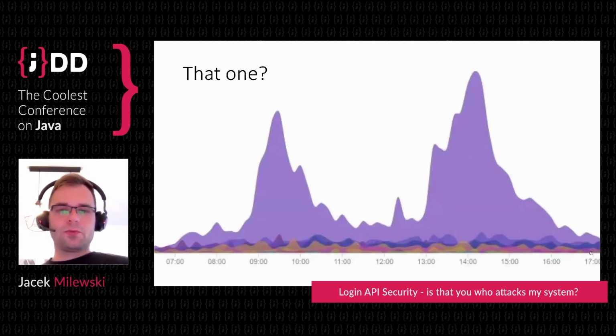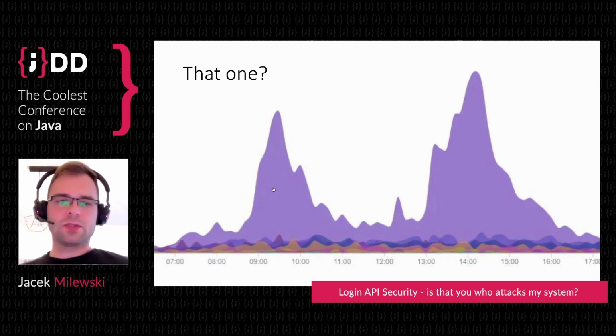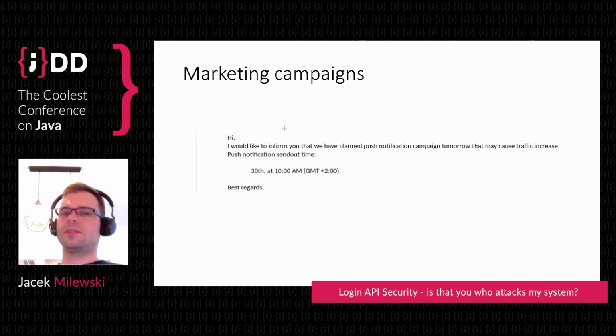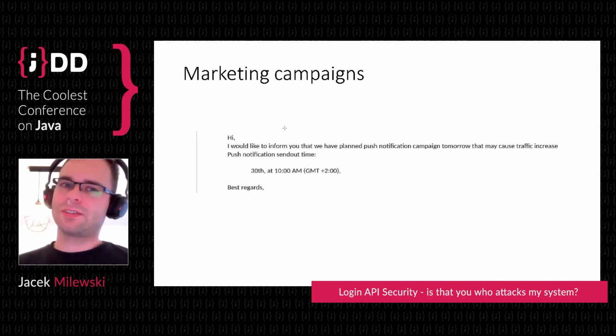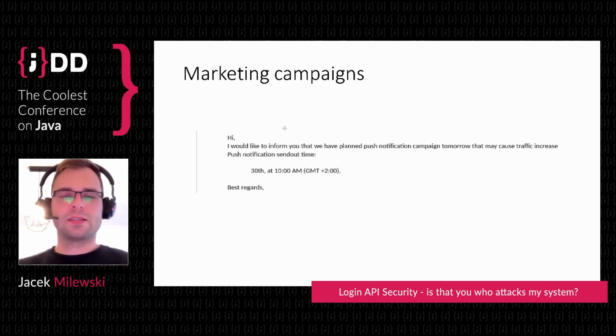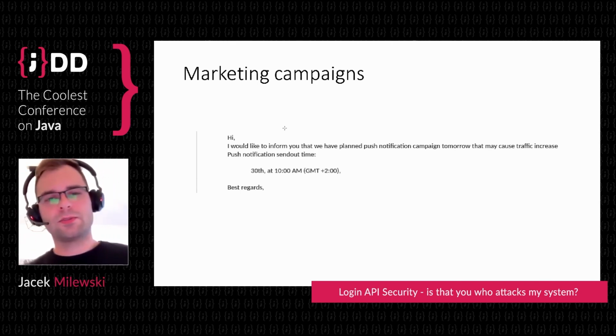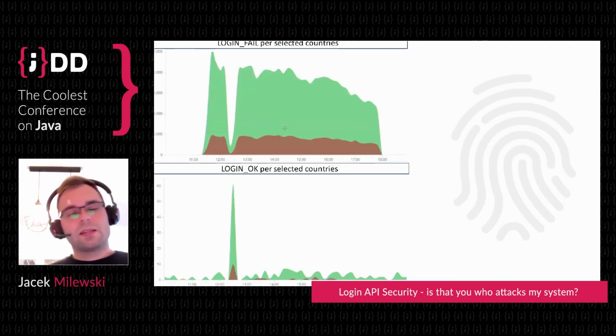And again, we have countries marked in different colors, and we see that one country is leading. What's happening? This time it's a marketing campaign. It's not an attack, it's just a marketing campaign. The marketing division from the company was kind enough to inform us upfront that they planned it.